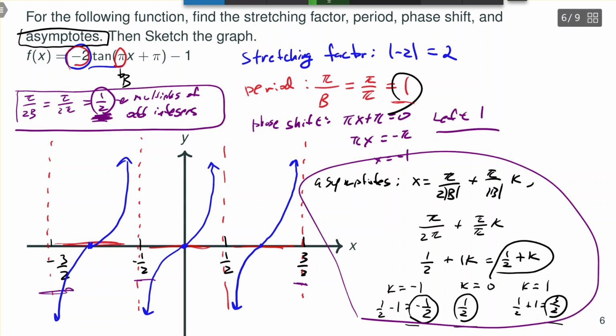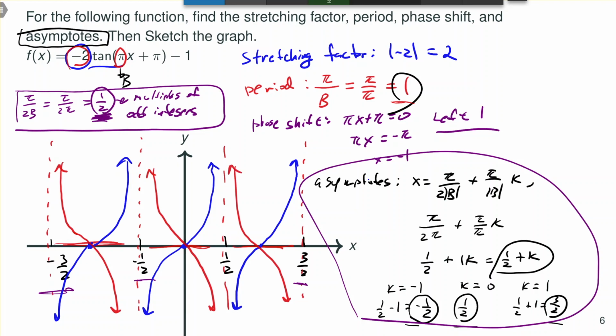Now, remember, we have to do reflection and the midline. Here's the negative reflection, so it just has this shape right here. Reflect like this. So this is after reflection. And from this reflection, now we need to bring it down 1.